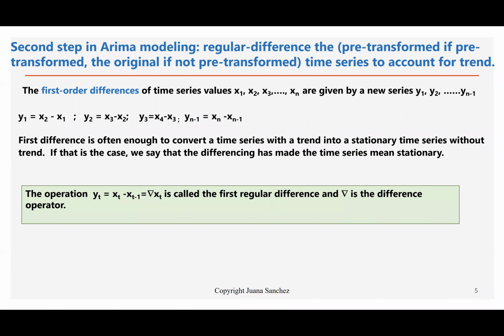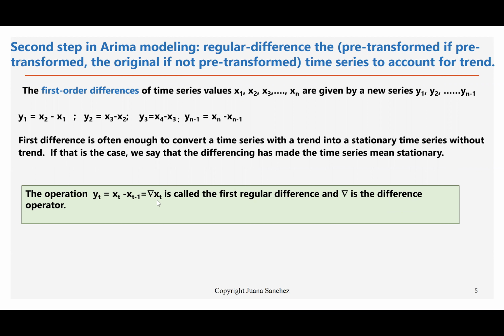Okay, so the operation of regular differencing, that is calculating the change in a variable, we have this inverted triangle, a symbol that's called the difference operator. Okay, remember we had a backshift operator, and we also now have a difference operator.